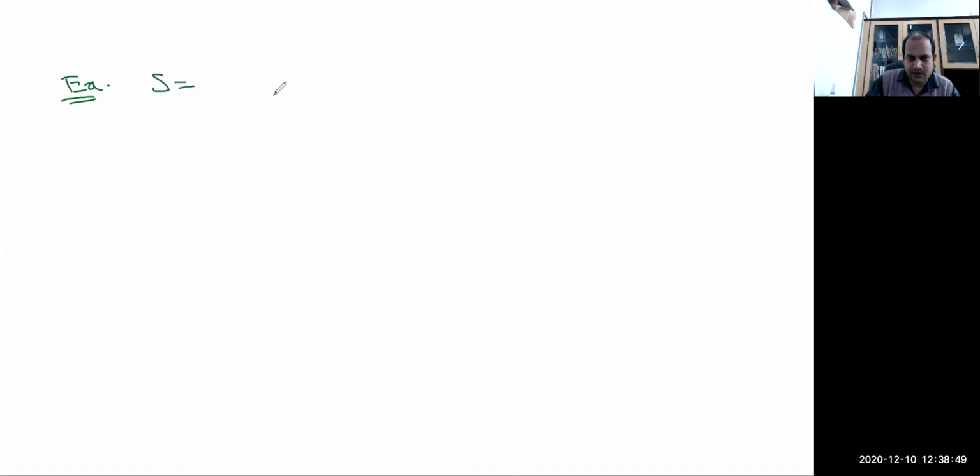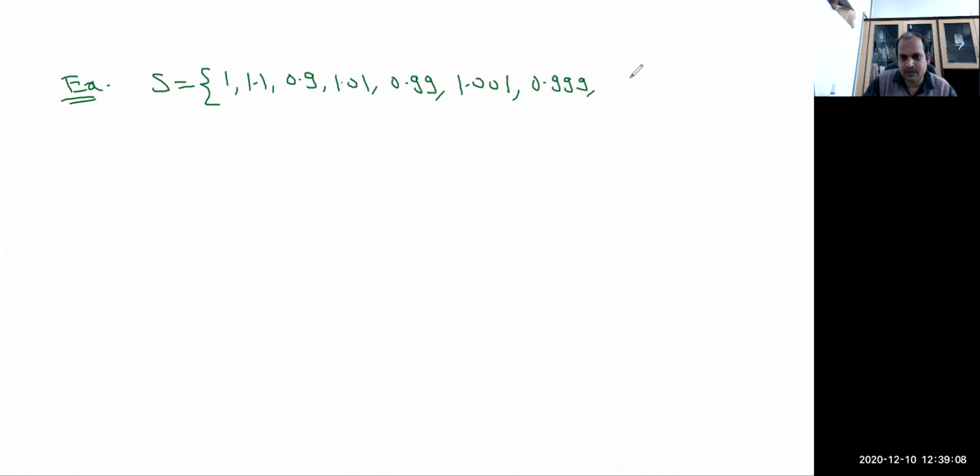Suppose the set S is given by 1, 1.1, 0.9, 1.01, 0.99, 1.001, 0.999, and so on. Now the first question is, is the set S bounded?